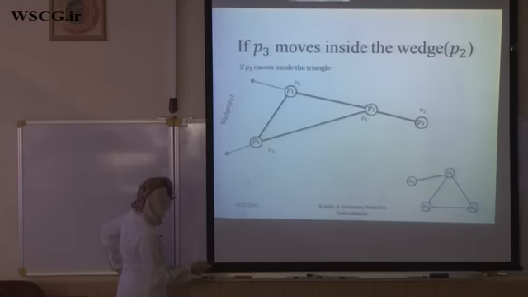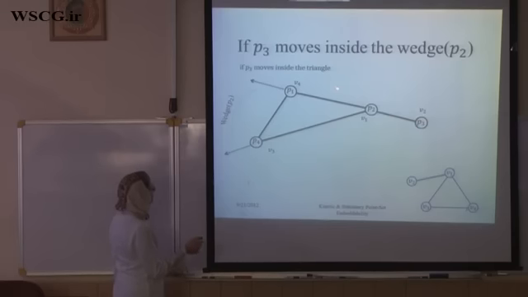So we look at the point that's hosting vertex V1, and now we're going to look at the cone of that point. We're going to call that the wedge of P2. What we're very interested in is when P3 is outside that wedge. There's a nice, simple example of a certificate that's going to prove for us that our current mapping is correct.